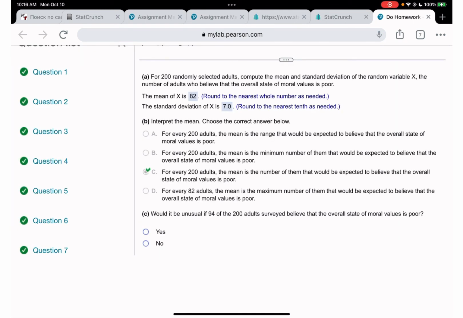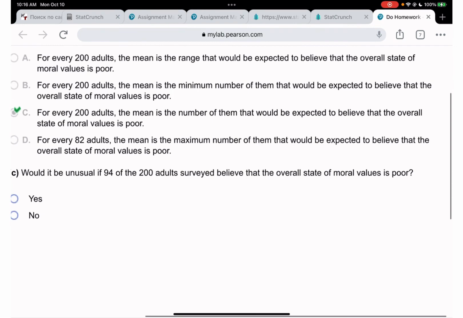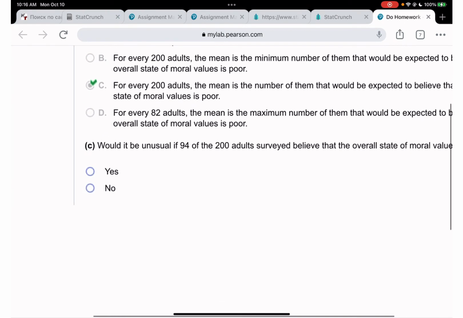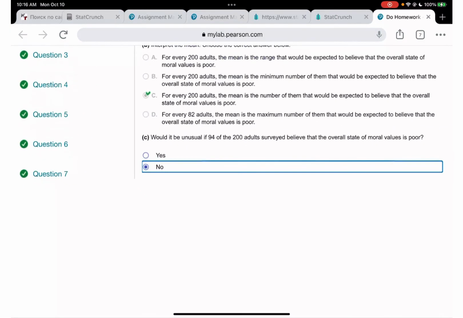Would it be unusual if 94 of 200 adults surveyed believe that the overall state of moral values is poor? No, it won't be unusual.